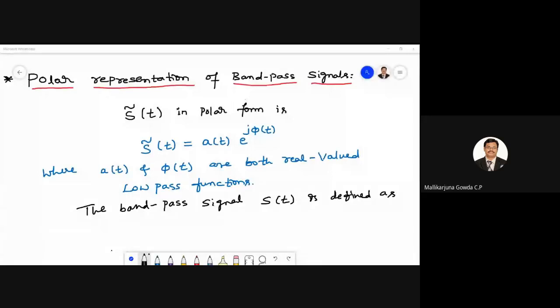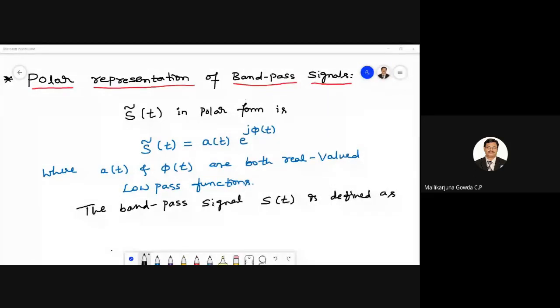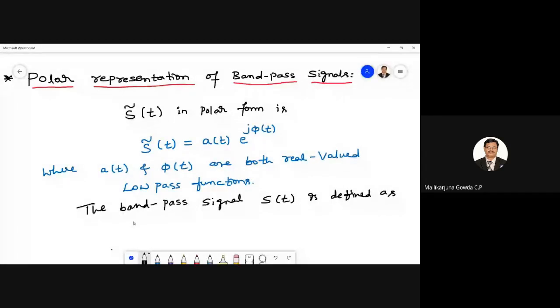I expect here to say it in terms of, usually we define, I think, shall I move up the screen a little bit? More people have written. So today I'm discussing the polar representation of bandpass signals, right?